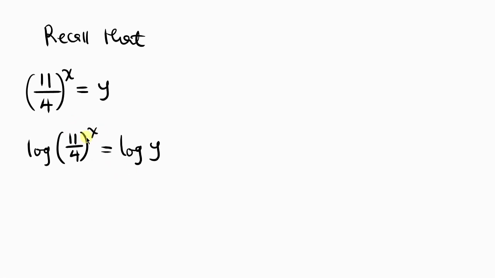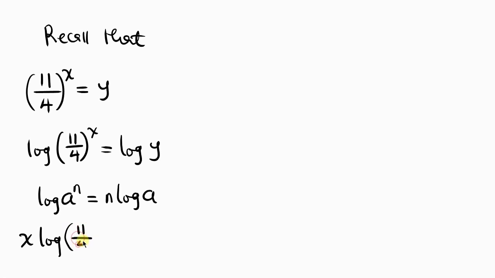Now I'll apply the law of logarithm, which says when I have the log of a to the n, this is the same as n log a. So let's bring down the x like this. So this becomes x log 11 over 4. Very good. And this is equal to log y. Now in order for us to get the value of x, we have to divide both sides by the coefficient, which is log 11 over 4.